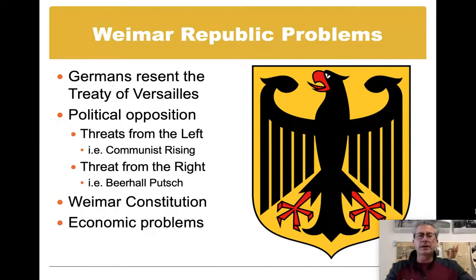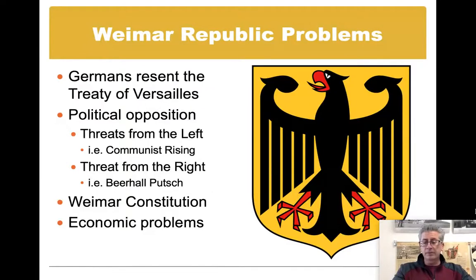Now, Germans resented the Treaty of Versailles. They looked at it as a dictated treaty. Germany was really unable to negotiate the terms of this particular treaty, so that's why they look at it as being a dictated treaty. Germany lost about 13% of its territory.